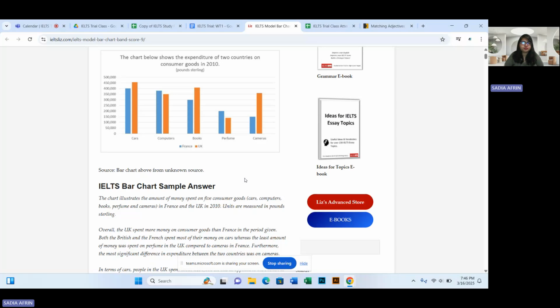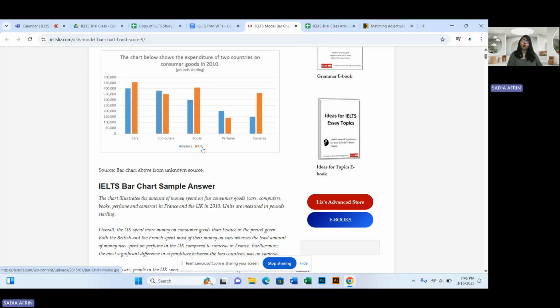And if you look at this chart very carefully, you will see that the UK consumer goods consumption is mostly higher than the French consumption on goods, because you can see 3 out of 5 in the UK.